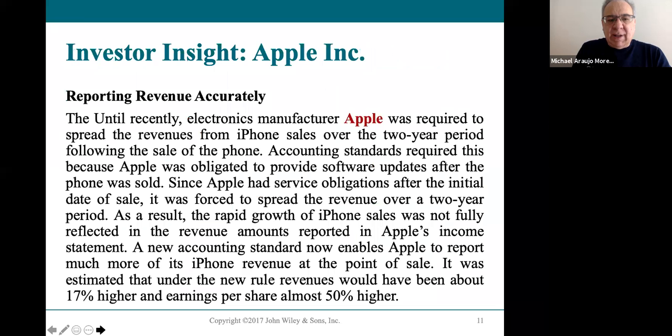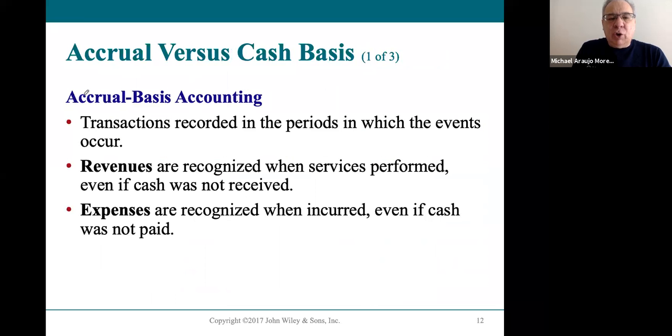Another important concept to understand is that you're learning accrual basis accounting, which is exactly why we are studying the rules of GAAP. Okay, that's really bad handwriting there, so forgive me. But generally accepted accounting principles require corporations to use what we're learning in this class.